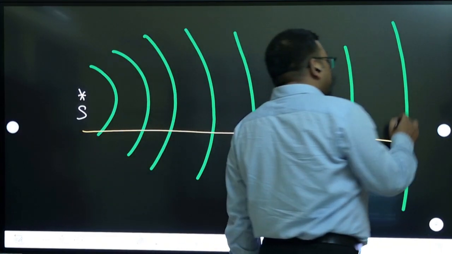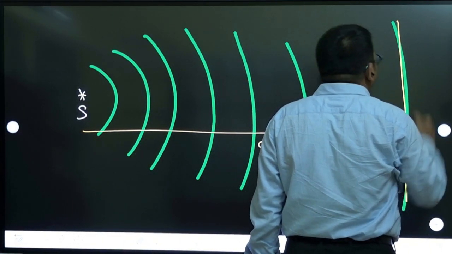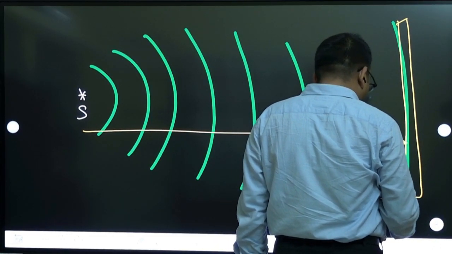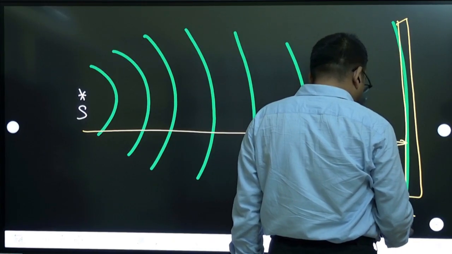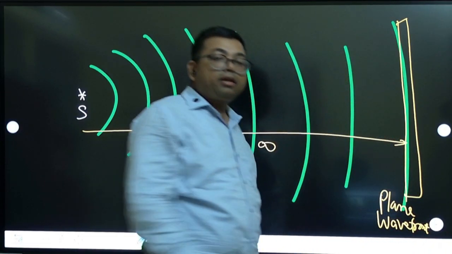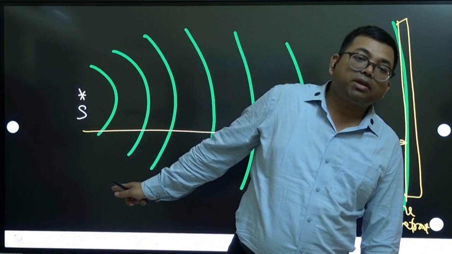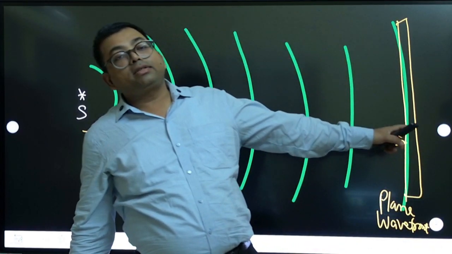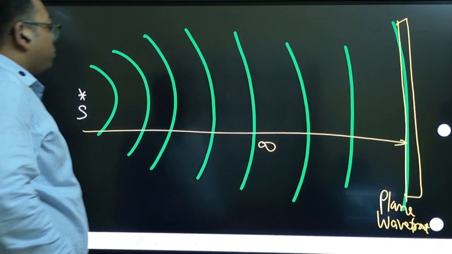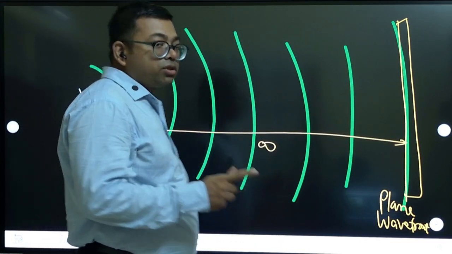Then here, this is almost like a plane wavefront. You can say it's like a plane. This is called a plane wavefront. So near a point source, there will be a spherical wavefront. At infinite distance from a point source, it is a plane wavefront. Two types of wavefront we have discussed, right?